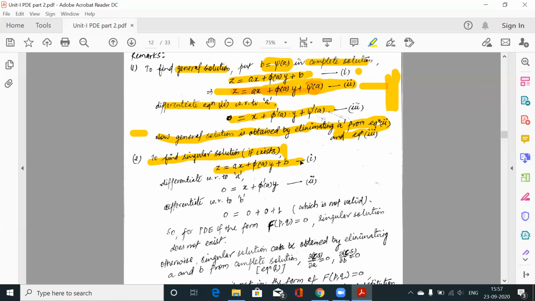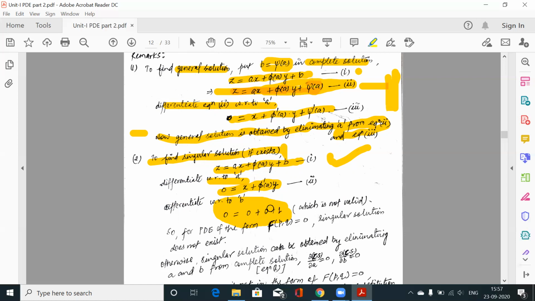this is your complete solution. Now we differentiate with respect to a, so we get x plus 5 dash a y is equal to 0, and now we are differentiating it with respect to b. So what we are getting is 0 plus 0 plus 0 plus 1, the differentiation with respect to b. So we are getting 0 is equal to 1, which is an invalid equation, which is not possible in any case.